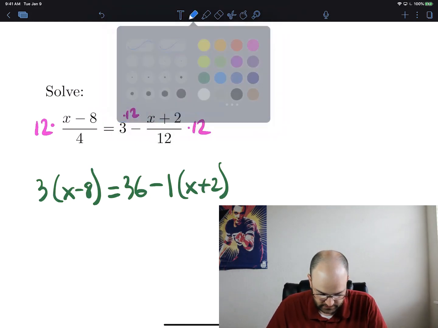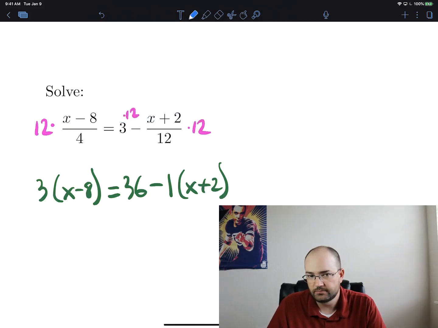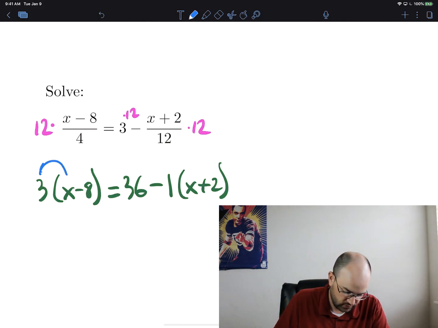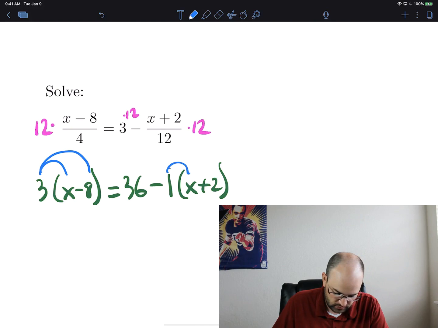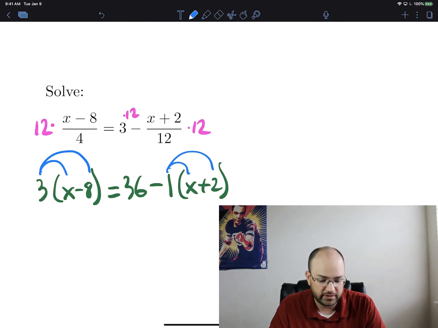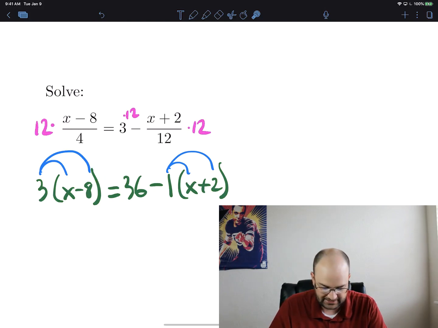Excellent. And now we just have a linear equation, a regular one with no fractions. So we're going to distribute the 3 there, and we're going to distribute not the 1 but the negative 1 to both the x and the 2, and then the 3 to the x and the negative 8.